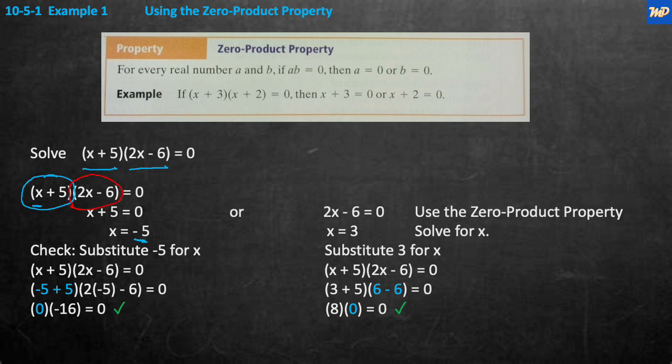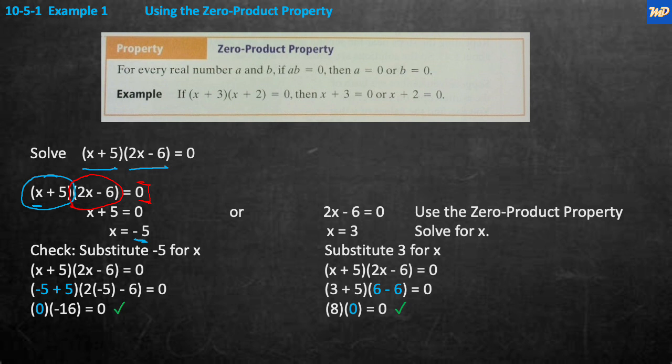And if either of these goes to 0, then this term goes to 0. So in order for those to go to 0, the x has to be negative 5 or 3. Those are the solutions to this equation.